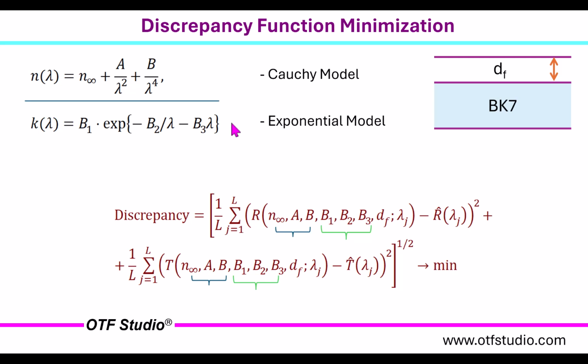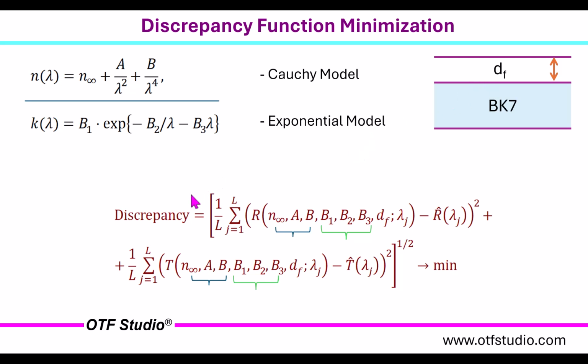In the spectral range 400–1100 nanometers, we can take the Cauchy model for refractive index and an exponential model with 3 parameters for extinction coefficient. In the Cauchy model, we have 3 parameters. In the exponential model, we have 3 model parameters, and 1 more parameter is film thickness.